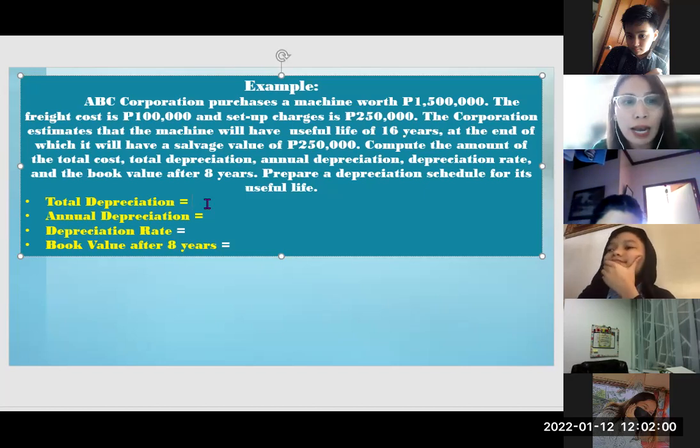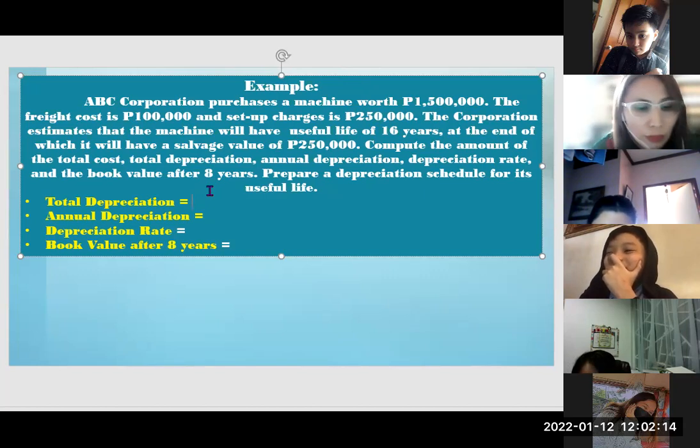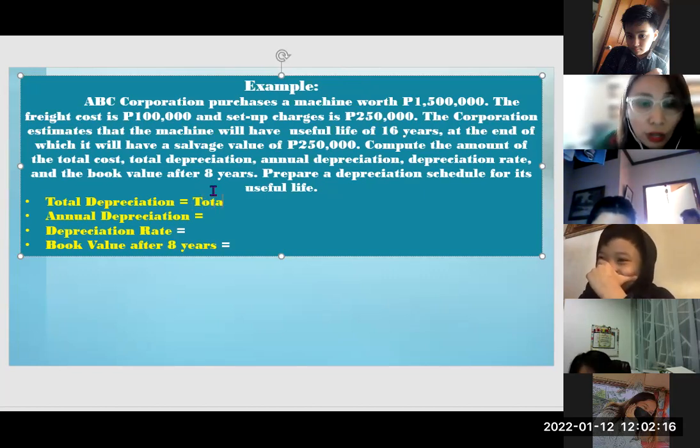Miel, what's the formula in finding total depreciation? Cost minus salvage value. Total cost minus the salvage.